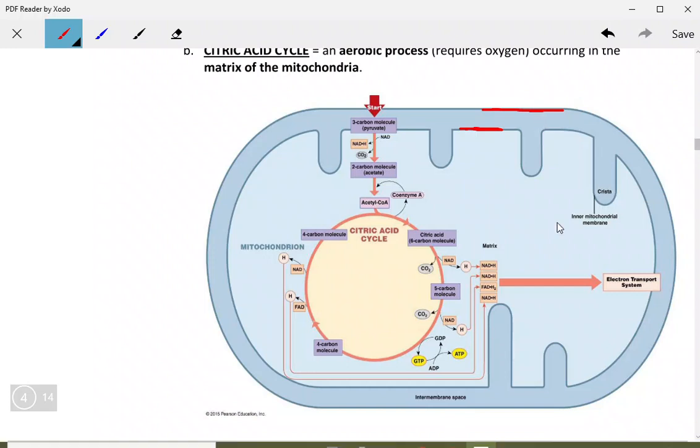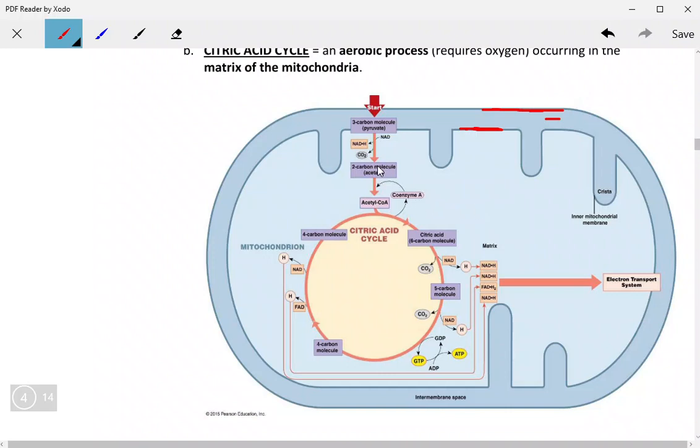And then we have, of course, the intermembrane space between the two. And then we have the inner space. The innermost space will be your mitochondrial matrix. So this inner space is what we call the matrix. And this is where the citric acid cycle will occur. So the citric acid cycle occurs within the matrix of the mitochondria. Do not forget this. Are you following?